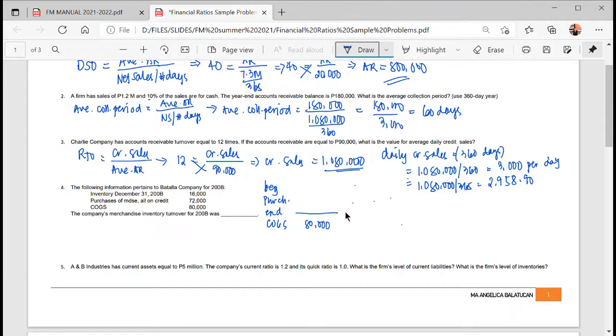This is given, right? How about purchases? Given. How about inventory ending? Is it given? Yes, 16. How about the beginning? Is it given? No. But can you compute the beginning? Yes or no?